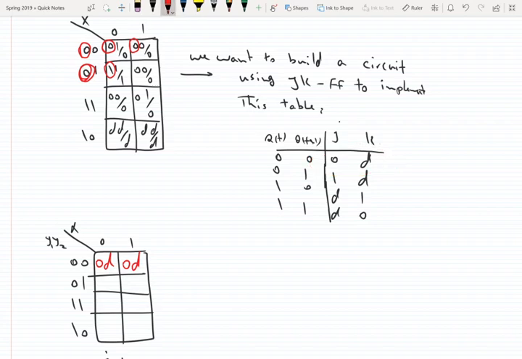Look at the excitation table: 1D. Next one. We should go over all cells one by one. Y1 is 0 and remains 0, so this is 0D. Third row, Y1 is 1, changed to 0. D1. D1, yes. D1.